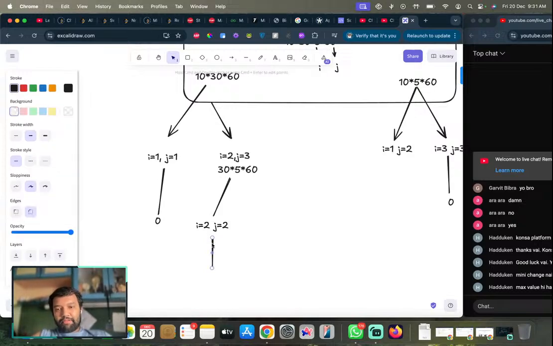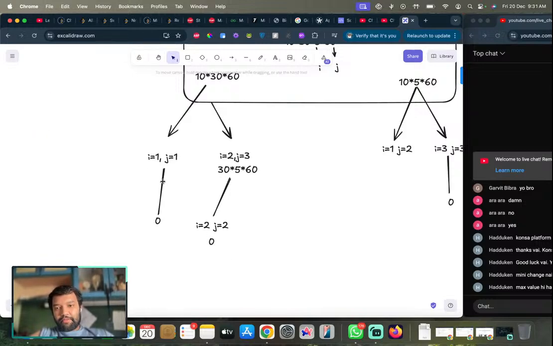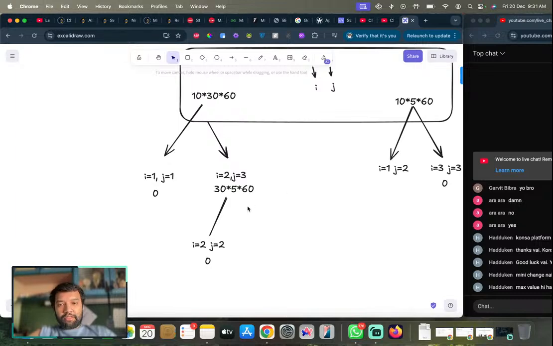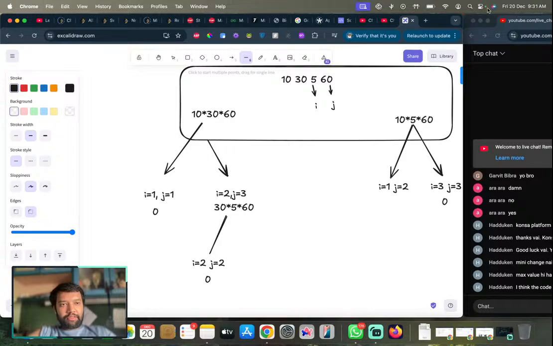Instead of writing it this way, let's write it 0, 0, 0. Now k will become j, and the second partition, because k will never become j, and j.